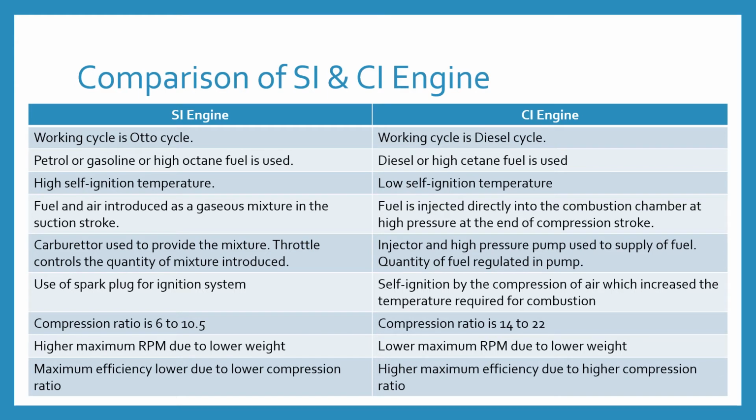Now coming to the comparison of the SI and CI engine. SI means spark ignition engine and CI means compression ignition engine. In the SI engine, the working cycle is the Otto cycle, and in the diesel engine the working cycle is the diesel cycle.